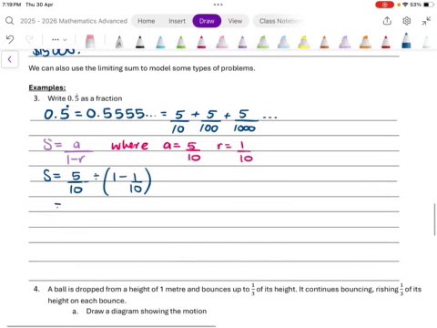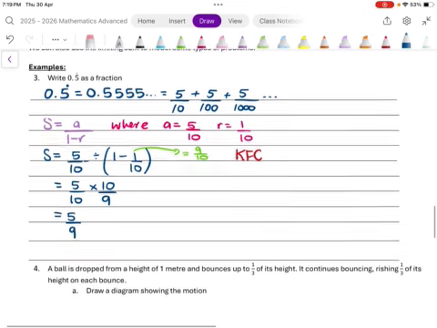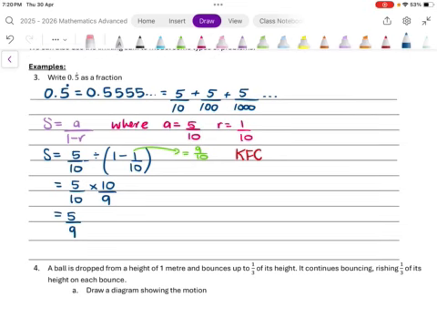So that is 5/10. 1 minus 1/10 is equal to 9/10, but we want to KFC this at the same time because we're smart enough to do it all at once. So it will be times 10/9, which equals 5/9. So we can convert our repeated decimal to 5/9.